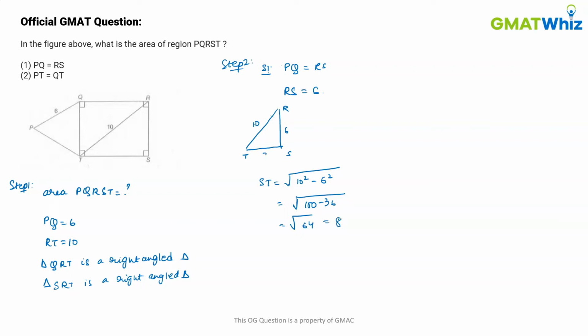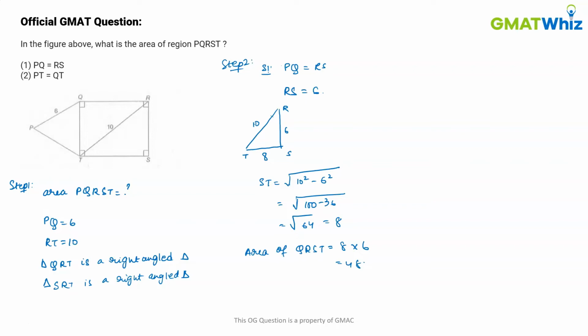So, the length of ST is 8. This means we can find the area of QRST, which will be equal to 8 times 6, which is 48.